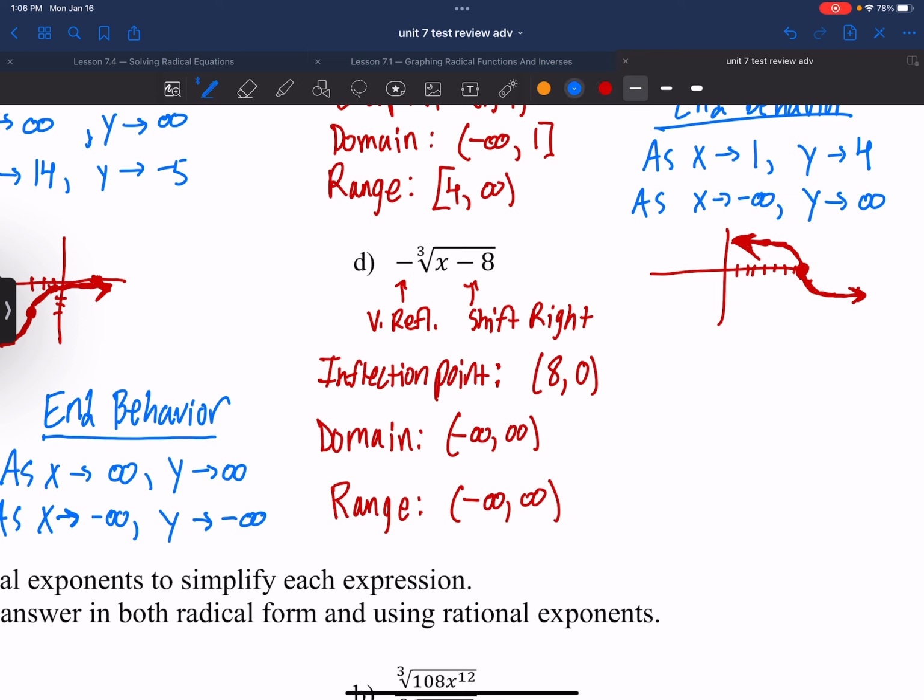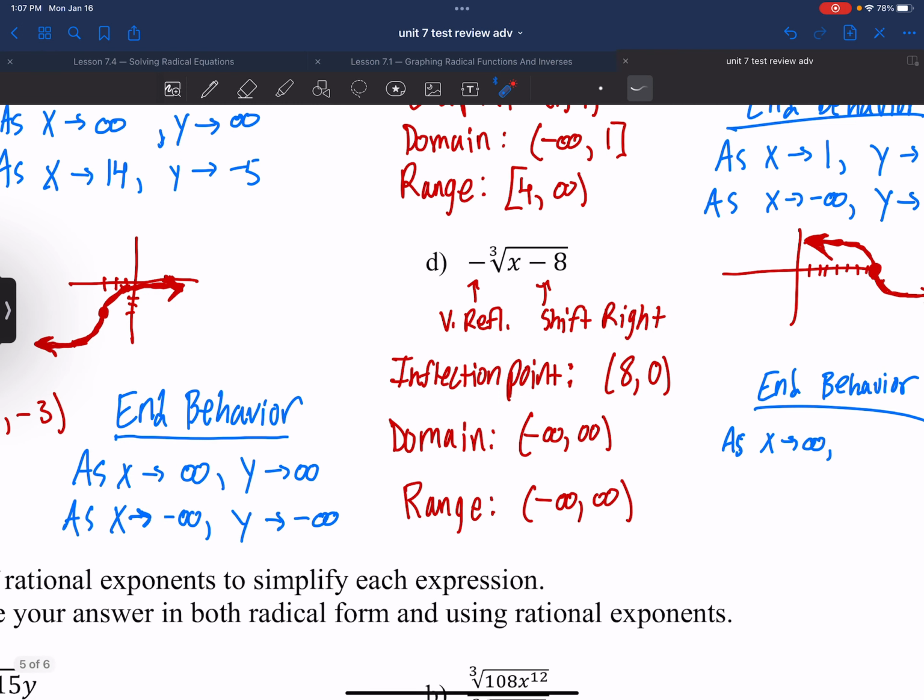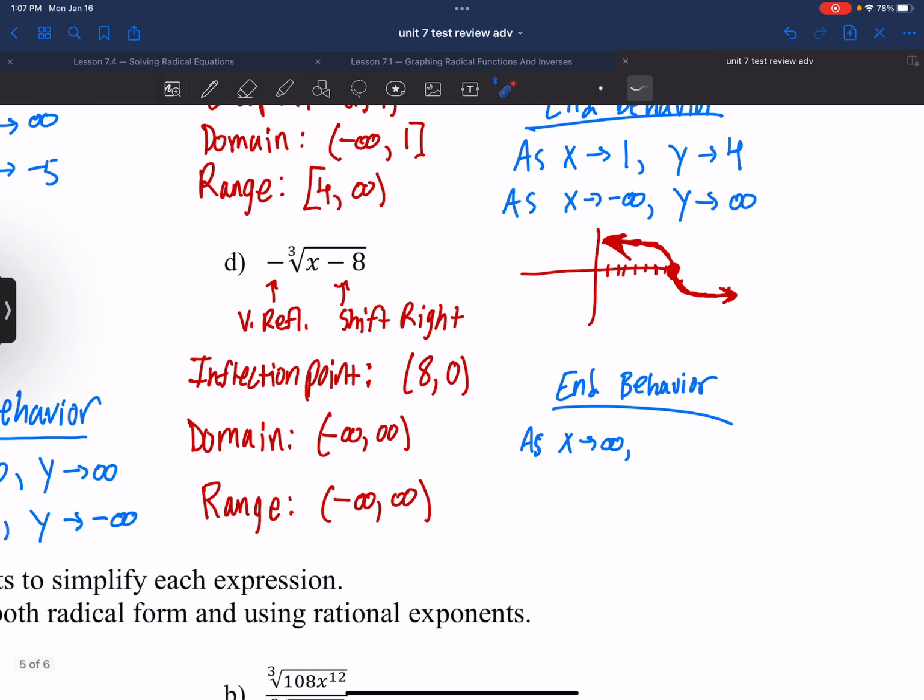Finally, our end behavior. As x goes to infinity, notice y goes down this time. On the previous graph, as x goes right, y goes up. But on this graph, as x goes right, y goes down.